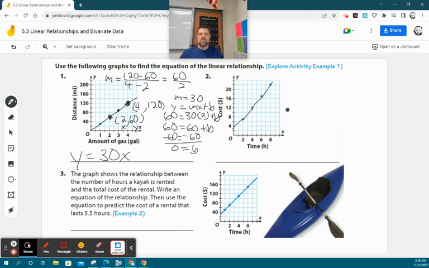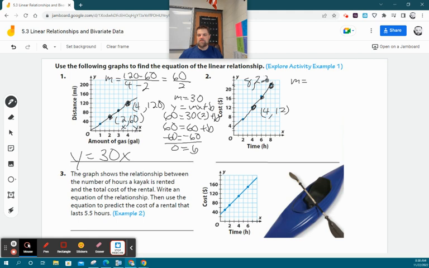Now over here, when I draw the line, is that going to cross at the origin? No. Same thing. I'm going to crank through and do the math. I'm going to pick 2 points. I'll pick this point because it's on the corner, and I'll pick this point because it's on the corner. So this one looks like (4, 12), and this one looks like (8, 22), if they're counting by 4.